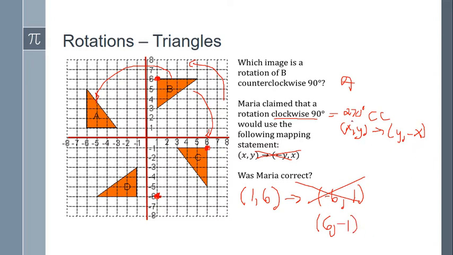So now notice that it is in fact what we wrote for a 270-degree counterclockwise rotation. Because look, it's saying I should switch the x and y, so we switched them. I put the 6 first, then the 1, then make the second one negative. And that's exactly what we did. We switched them and then made the second one negative.